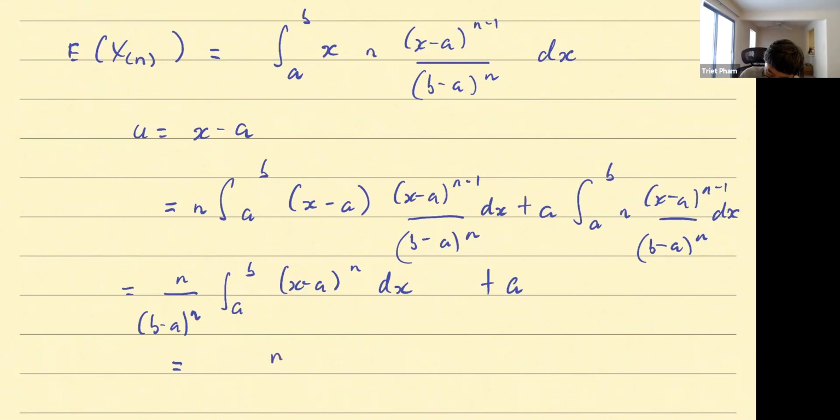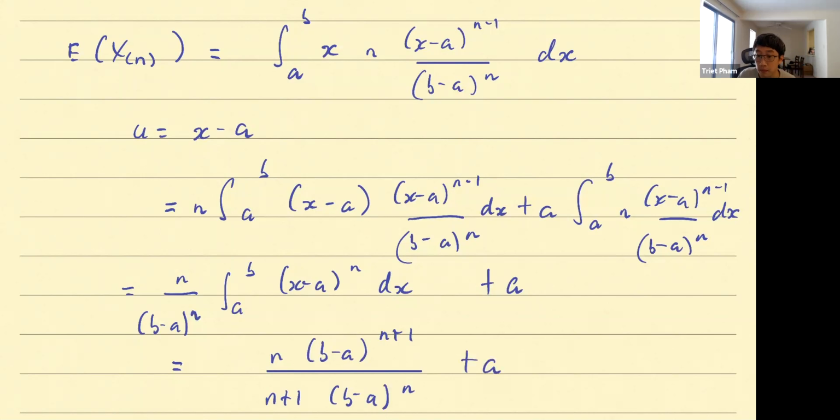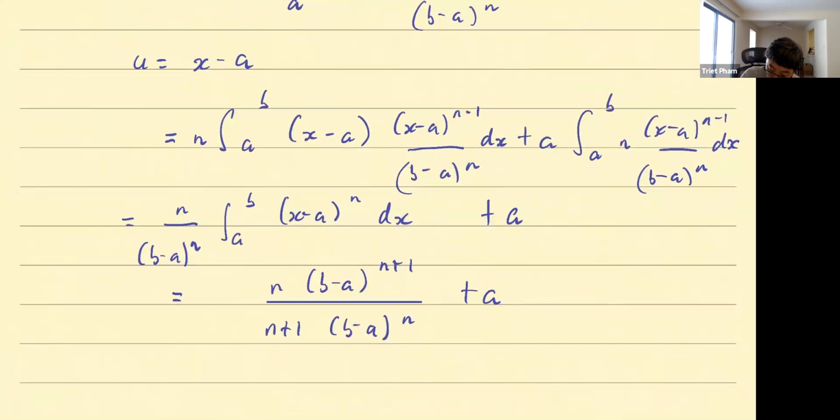So you get n times (b minus a) to the n plus 1 over n plus 1, (b minus a) to the n, plus a, which is n over n plus 1 times (b minus a) plus a. Any question?